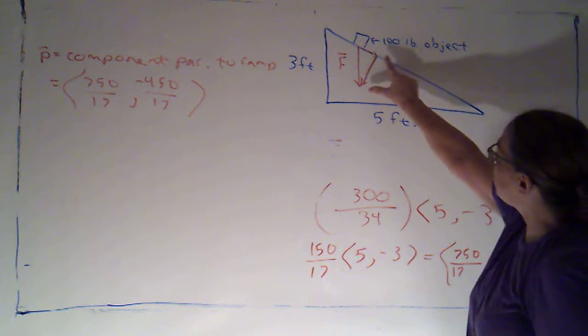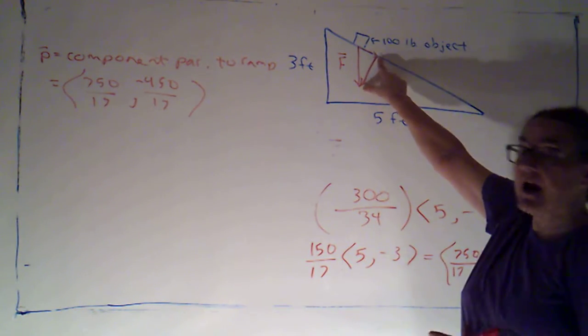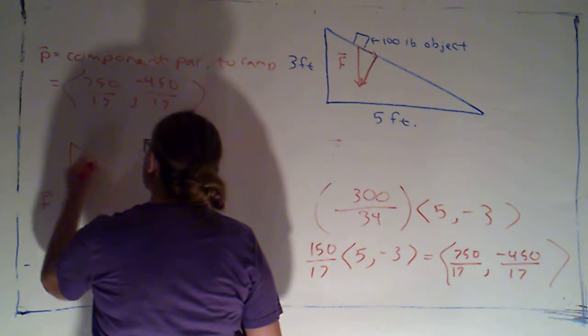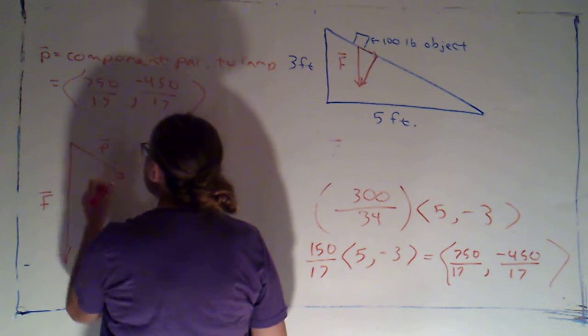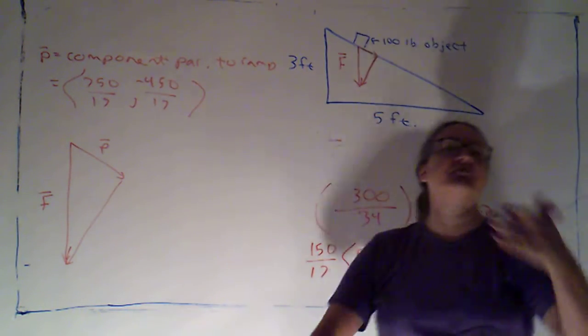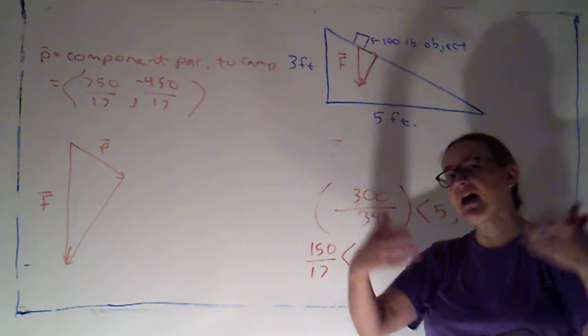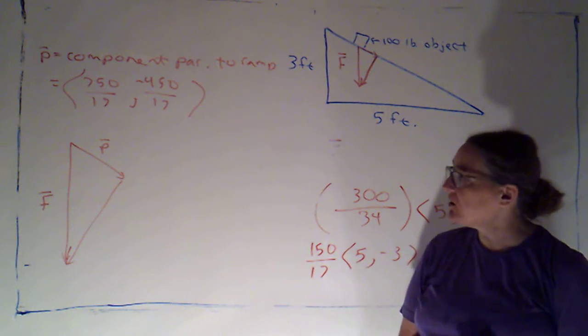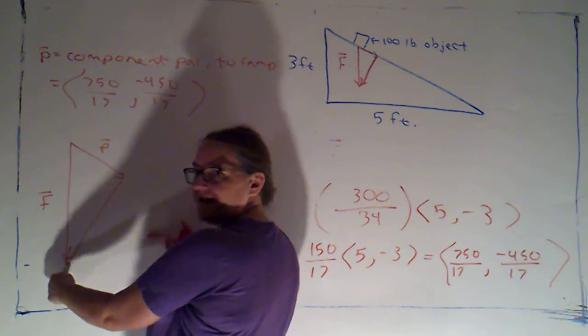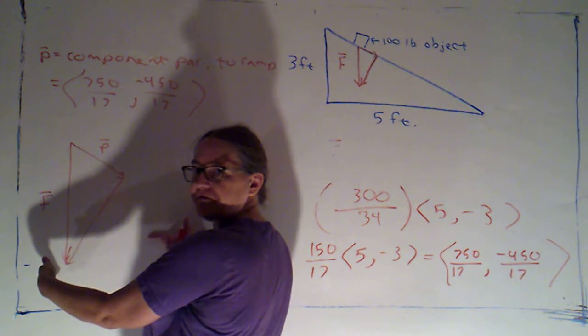All right, I want to find the other component as well. And so I could, if I really wanted to, find a vector that's perpendicular to the ramp and project onto that. That would be a lot of work. What's a whole lot simpler is to say that, hey, this vector plus this vector has to equal the original force vector.